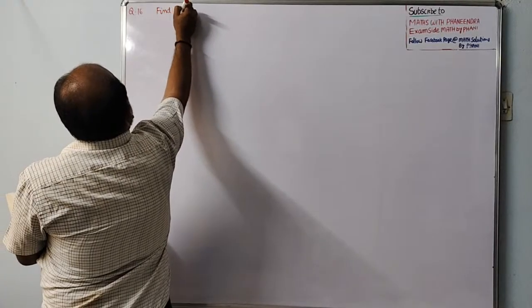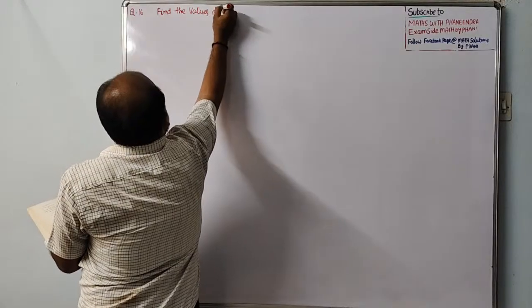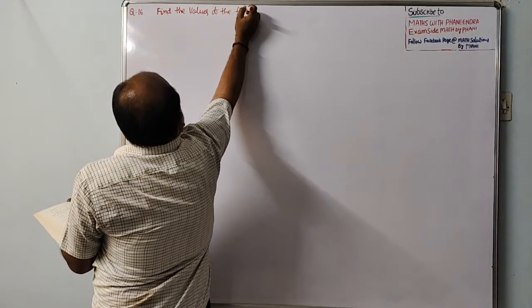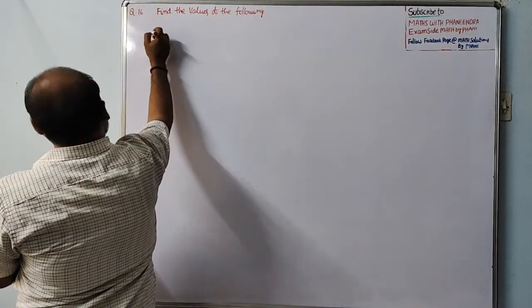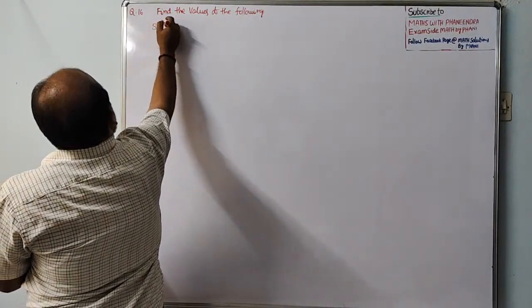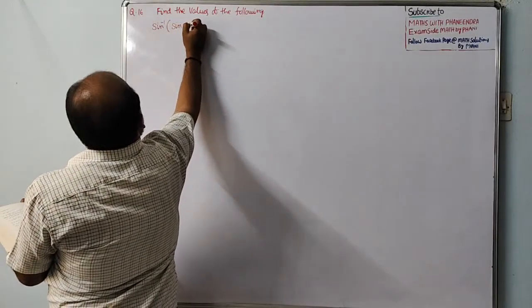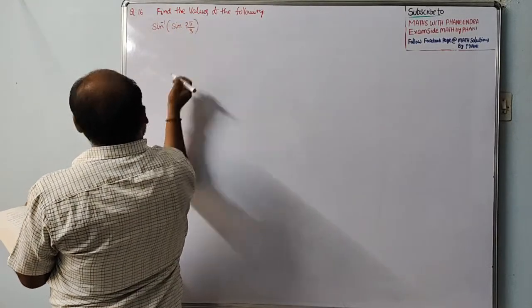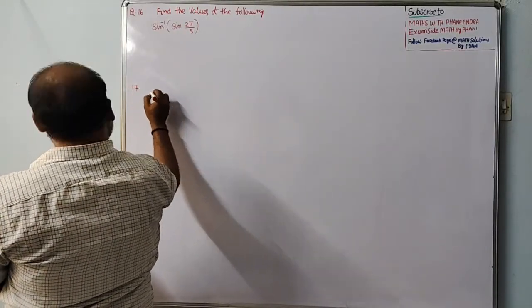Find the values of the following. So first one, anyway, 16th one. Sine inverse of sine 2 pi by 3. Next question number 17.